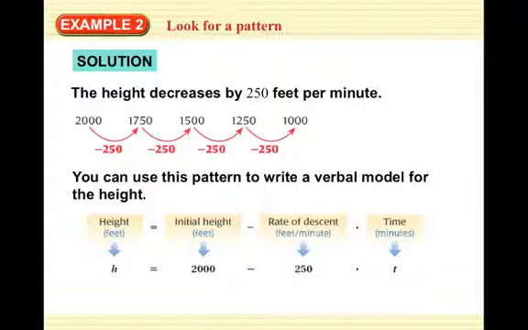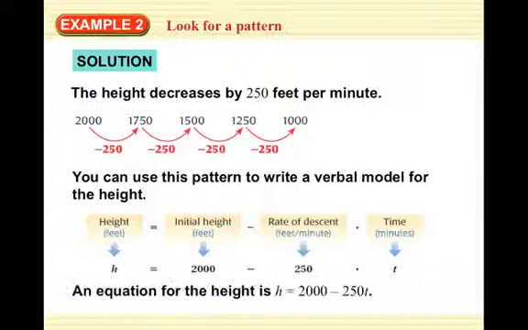Since this is a descending object, the person is starting off high and getting lower and lower, we have minus 250 because that's the rate of descent. That's how much change occurs every minute times the time in minutes. So we end up with h equals 2,000 minus 250 times t.